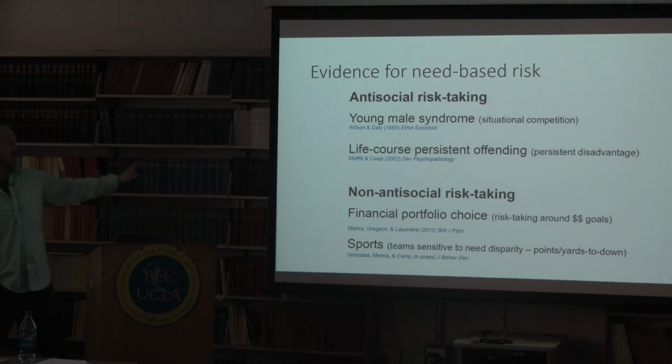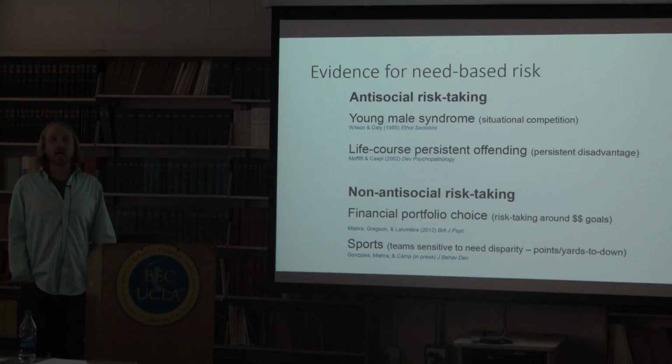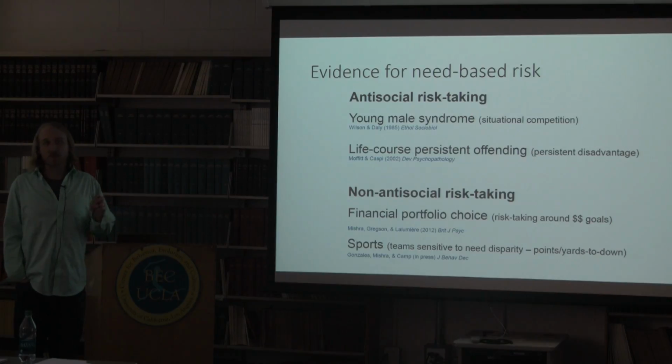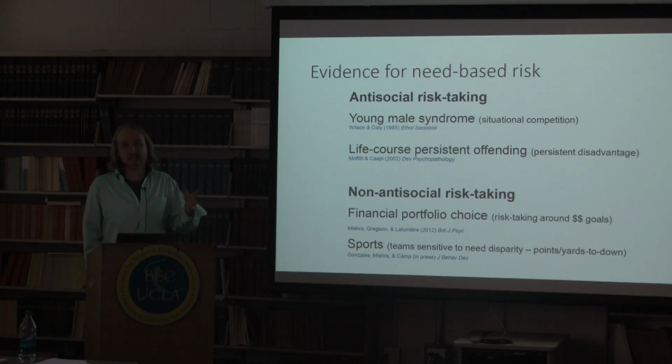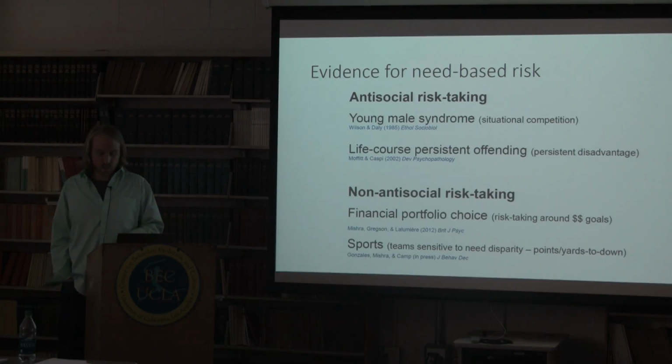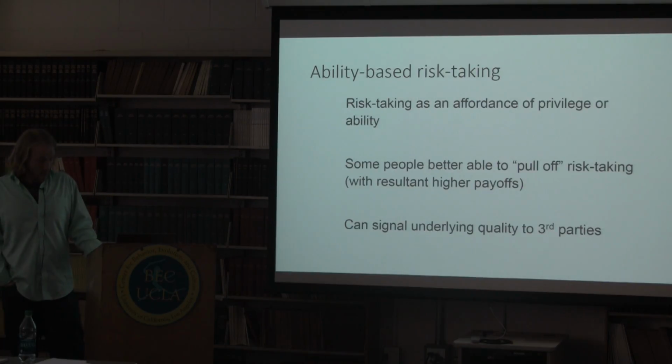So if you actually do analysis of how American football teams decide on risky passing plays versus safe running plays, they do the riskier plays under exactly the situations of high disparity where you would expect to see escalated risk-taking. So very high stakes modern coalitional conflict takes account of need-based risk-taking in their strategic decisions.